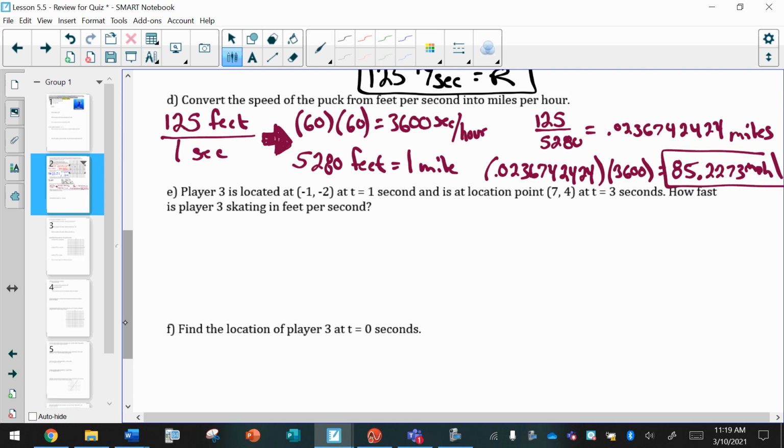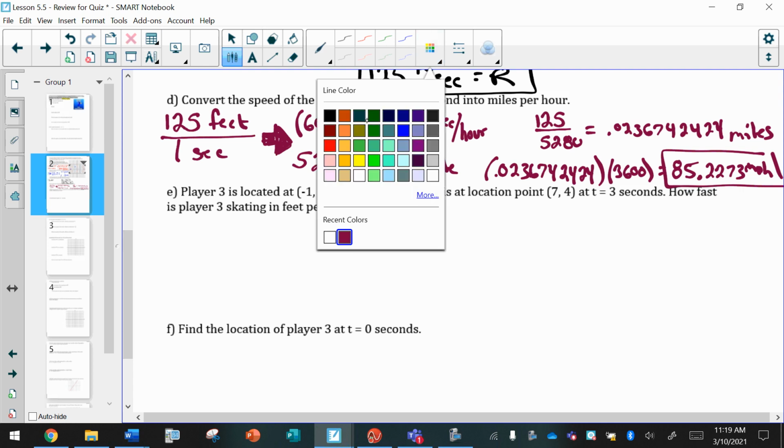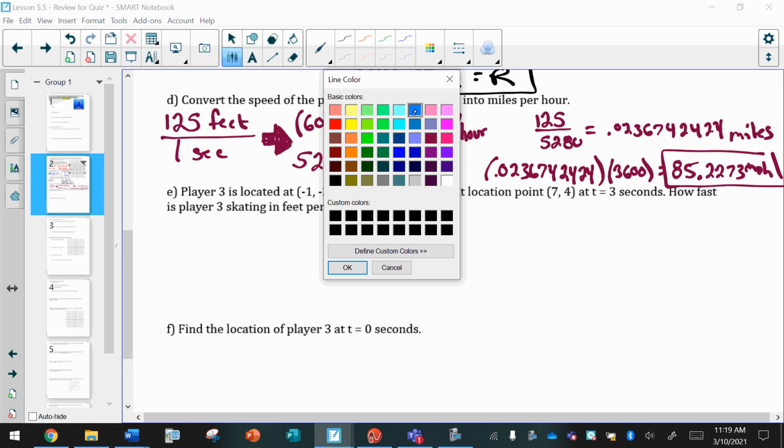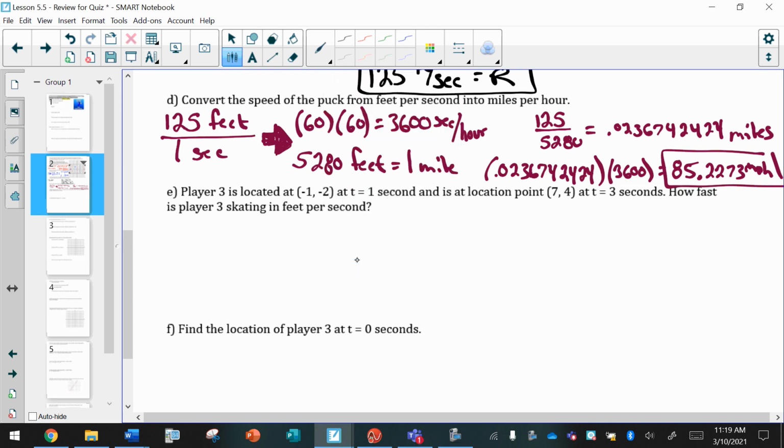Okay, so let's remember our scale factor, because we need to do distance again, but we want to do distance with the correct numbers. So (-1, -2) actually translates into the point (-10, -20). And then (7, 4) technically translates into the point (70, 40). So we're going to do the distance between those 2 points.